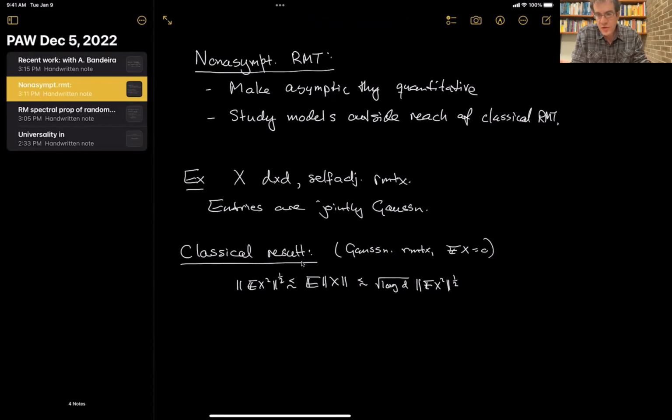And then after that, if you want to prove something in more general situations, you might have to work quite hard in order to get results that apply in situations that are very far away from this Gaussian situation. In fact, a lot of work in nonasymptotic random matrix theory goes into trying to adapt the proofs of the results that one proves to new situations where you have much weaker distributional assumptions. And this can be a lot of work, and there can be new phenomena that appear when you do this, right? And typically it can become very technical to do so.